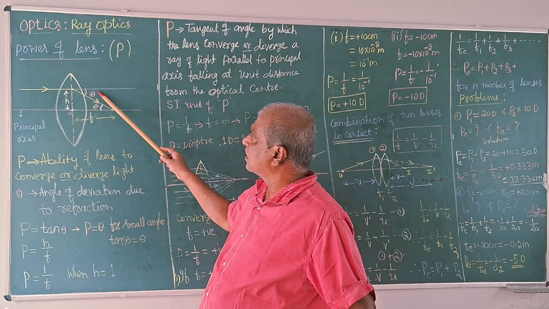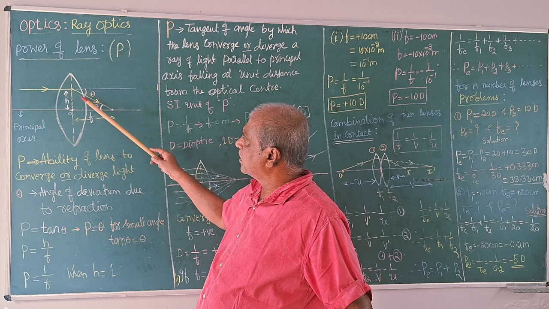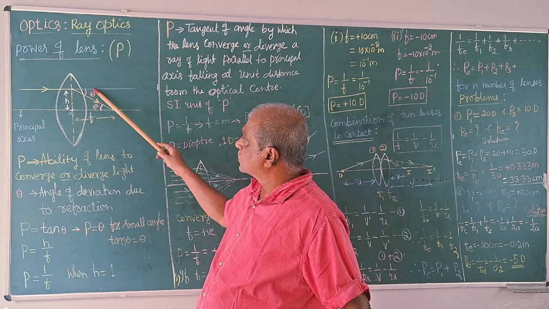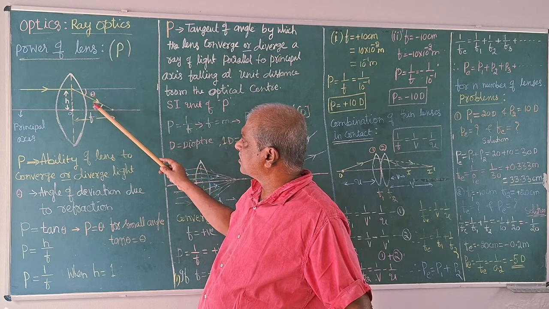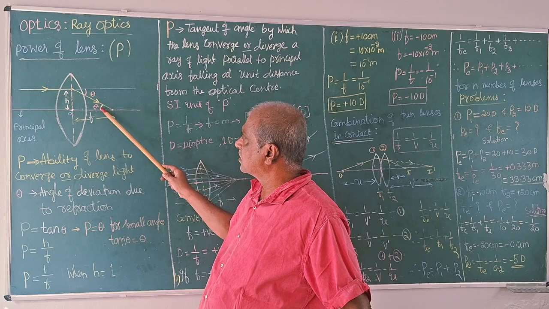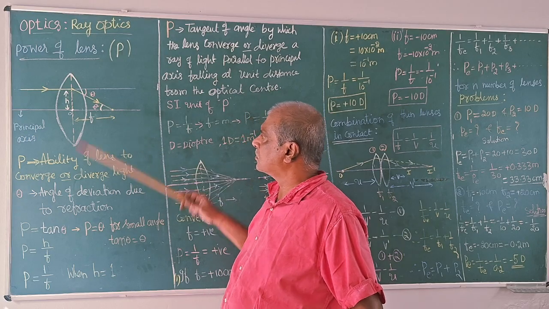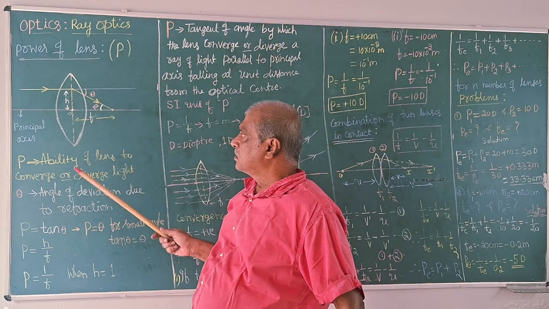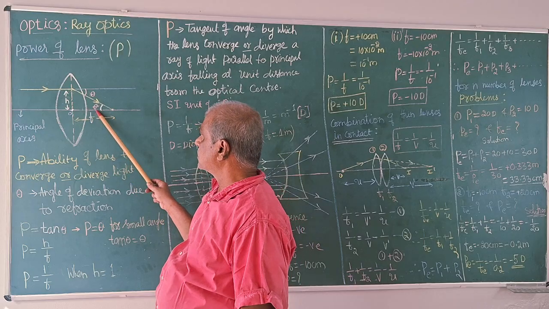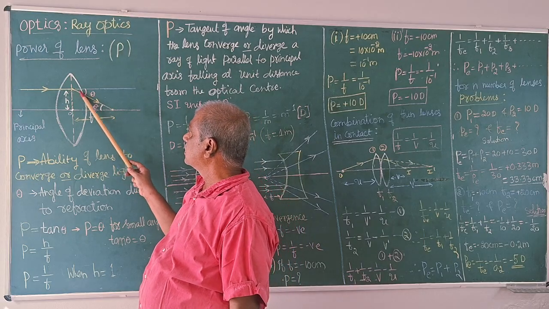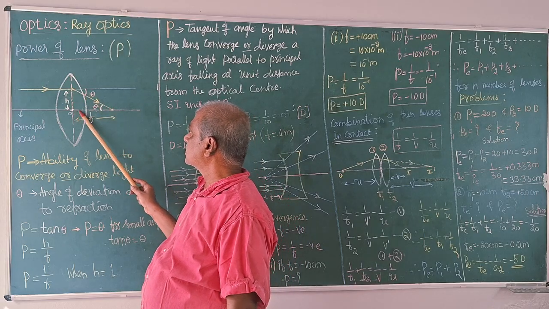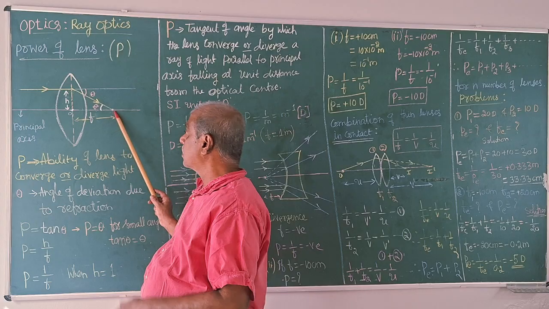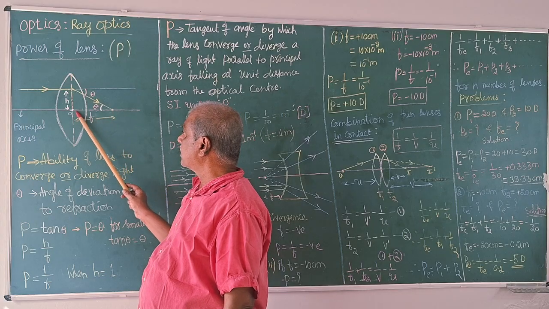And this theta, when you see the diagram like this, these two are parallel and this theta is same as this theta, opposite angles. And there is some geometry in this. Geometry is here, straight line, and this is a straight line. This is called as focal point, that is focal length.